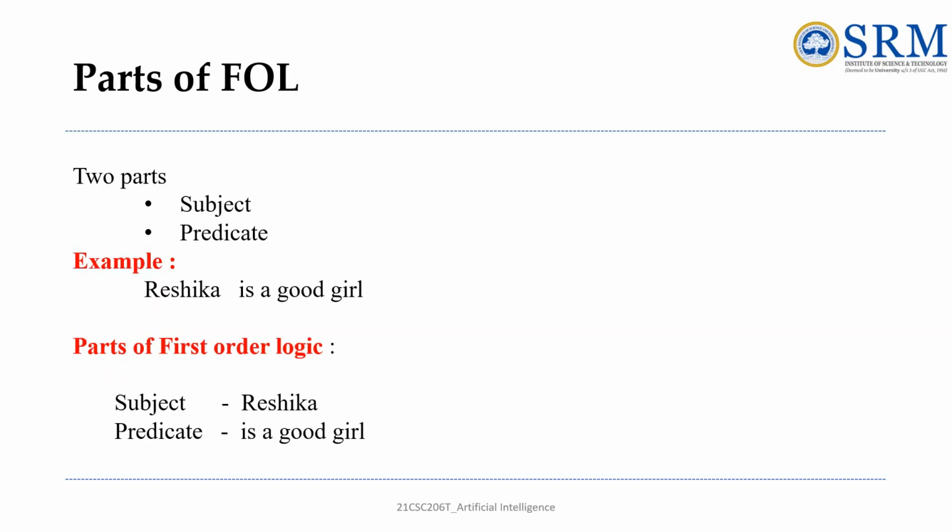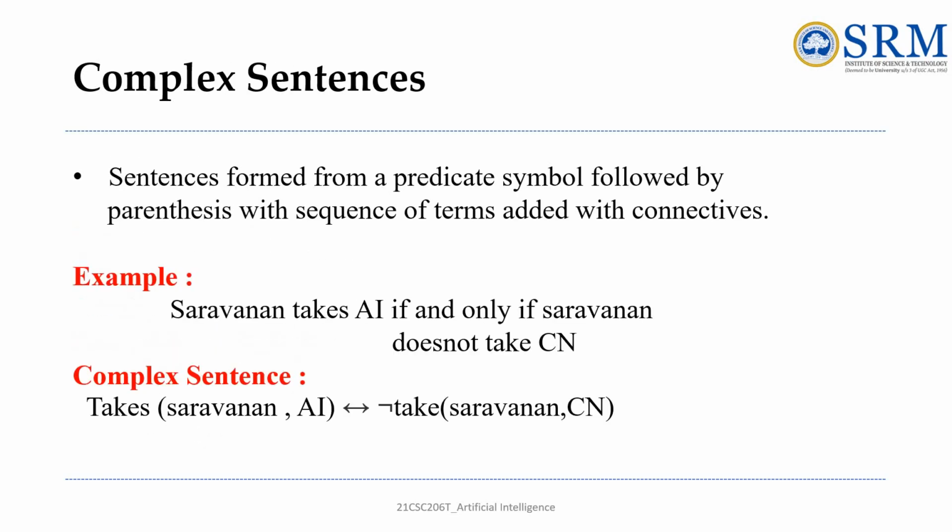So this becomes takes of Saranan comma AI, biconditional, negation takes of Saranan comma CN. This is that example. Here we see first order logic gives us the power to represent such conditions with precision.